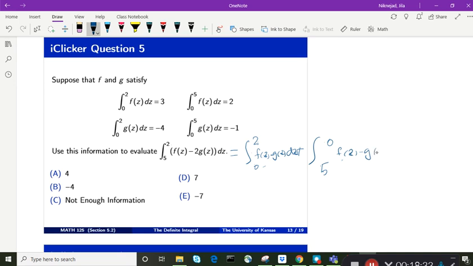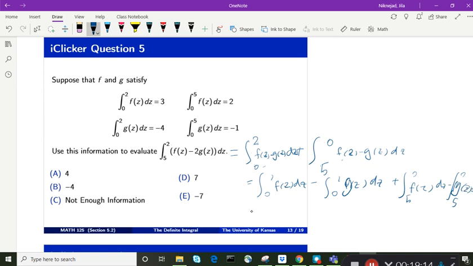Remember, this is just a variable, and this is another thing that I want to tell you. dz, and then over here, the first integral breaks down into 0 to 2 of f of z dz minus integral 0 to 2 of 2g of z dz, and then plus integral 5 to 0 of f of z dz minus integral 5 to 0 of 2g of z dz.